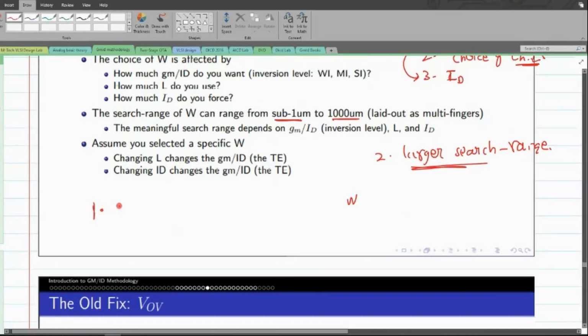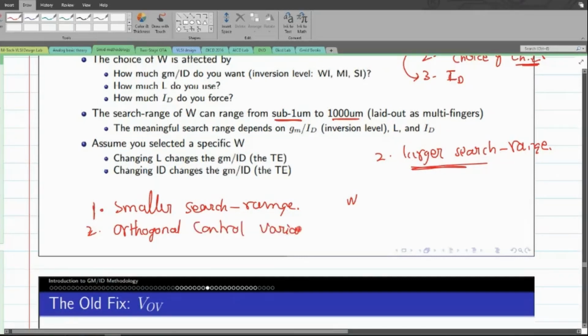One is that the variable I'm trying to replace in the place of width is supposed to have a smaller search range. That is point number one. The second requirement is orthogonal control. The variable I want to substitute in the place of width is supposed to be an orthogonal control variable.